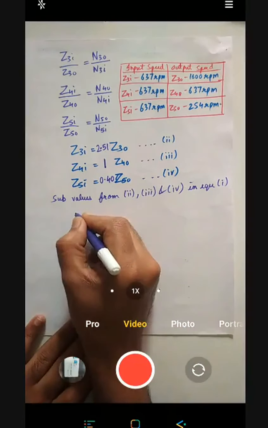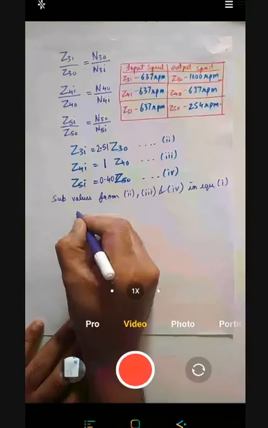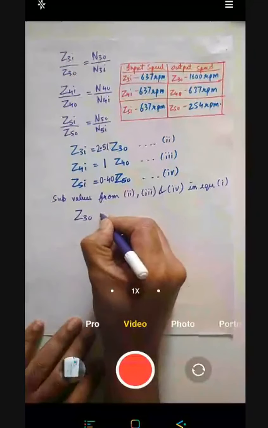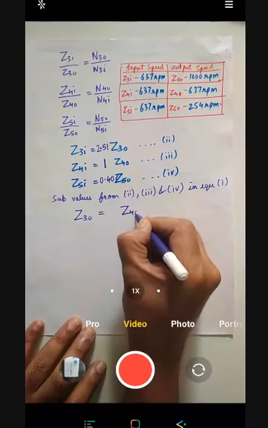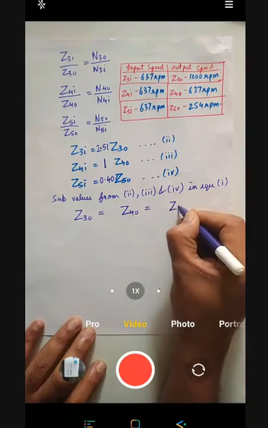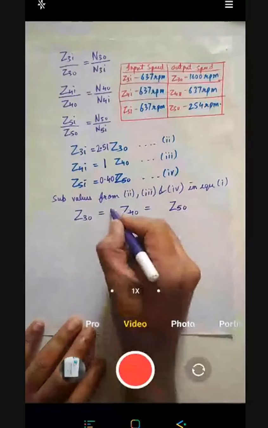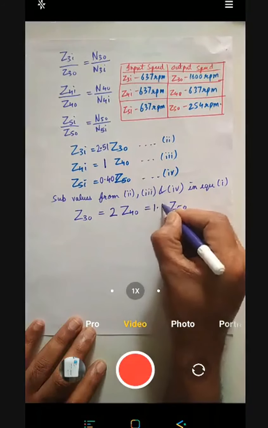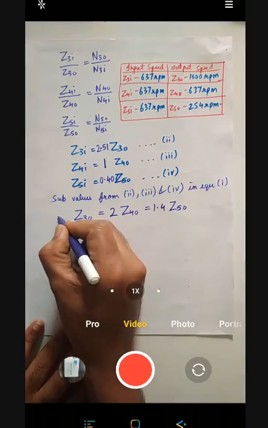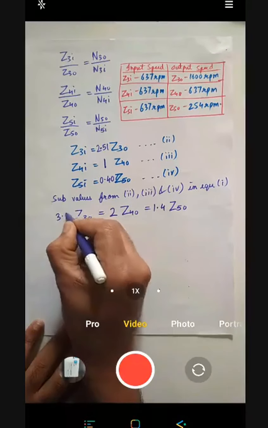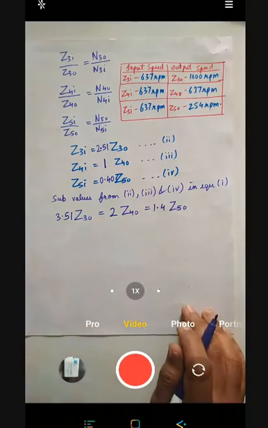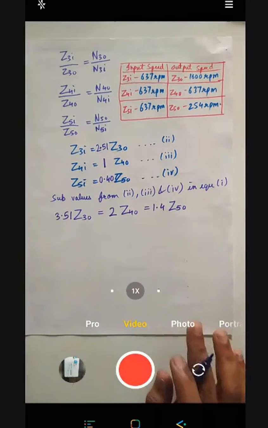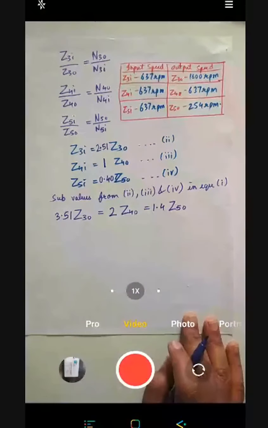So you'll get some value of Z3, Z4, Z5. I think ये 2 हो जाएगा आपका. ये दोनों फाइंड कीजिए. 1.4, 3.5. Please check if this is what you are getting. Yes, sir.